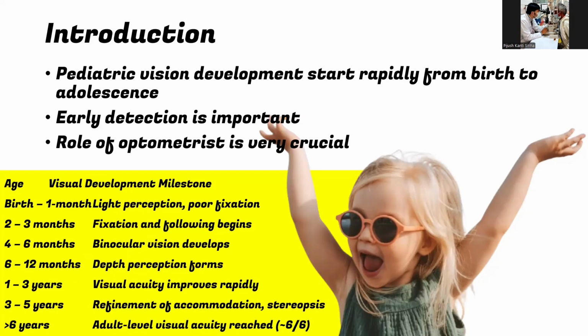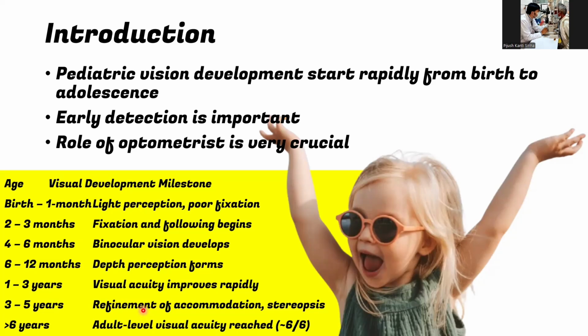Then from 1 to 3 years, visual acuity improves rapidly, meaning their eyesight starts getting clearer and sharper. They can identify familiar faces, objects, or simple pictures also. And 3 to 5 years. During preschool years, accommodation and stereopsis refinement is going on, so they can focus at different distances and have better 3D vision.